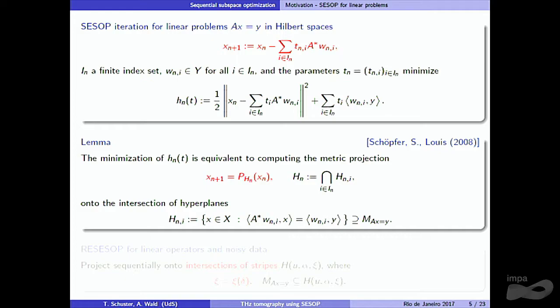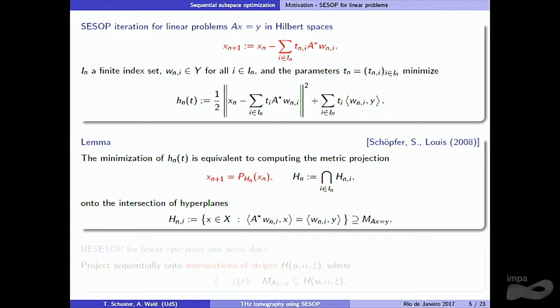This is exactly where this function comes from for the step sizes. This is essential, that t_n is solved as a solution of this quadratic function. One can also prove that if the search directions are linearly independent, then this quadratic functional h_n has a unique solution. This is not very difficult to prove.